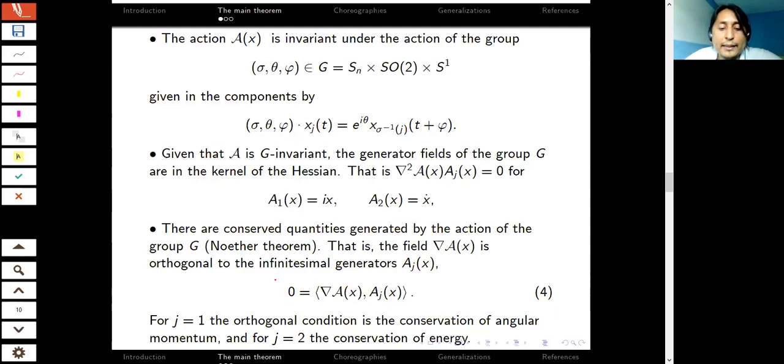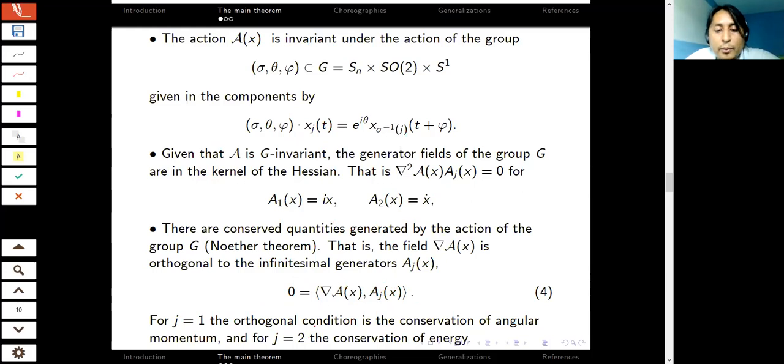And actually, for j equal to 1, this orthogonality condition, when I put here Ix, is just the conservation of angular momentum.